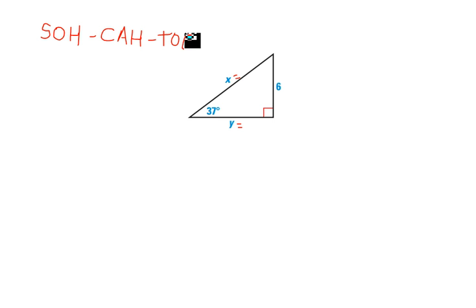And what that will give you is an easy way to remember what the different trigonometric ratios are. We're going to be dealing with the sine, the cosine, and the tangent. Sine, which is abbreviated SIN, cosine is COS, and tangent is TAN.